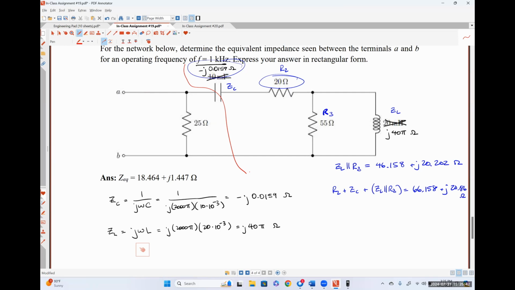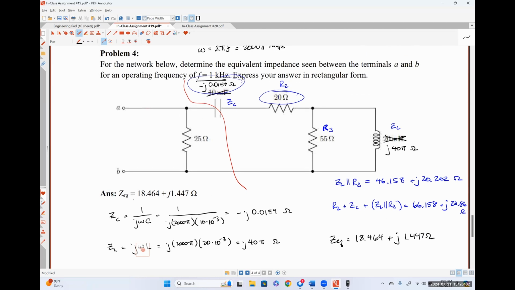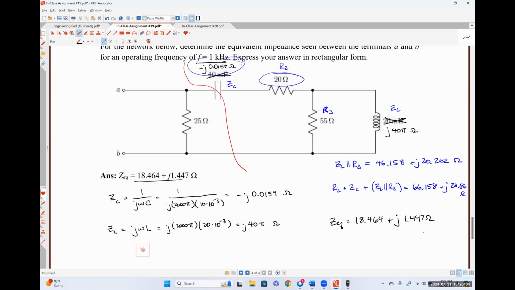And I wind up getting 18.464 plus j 1.447 ohms, which exactly matches what I'm supposed to get.